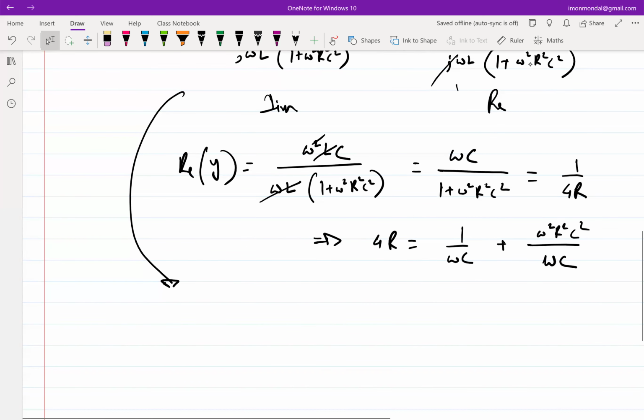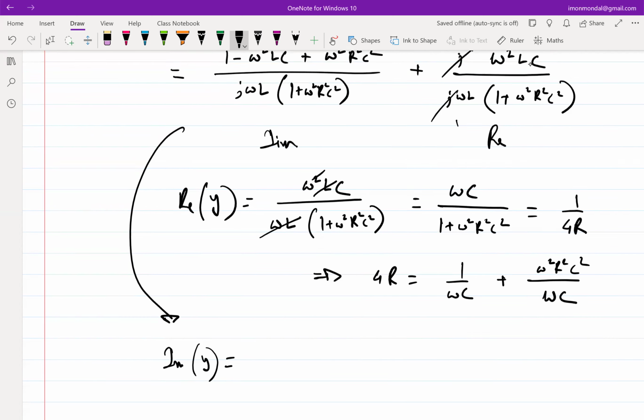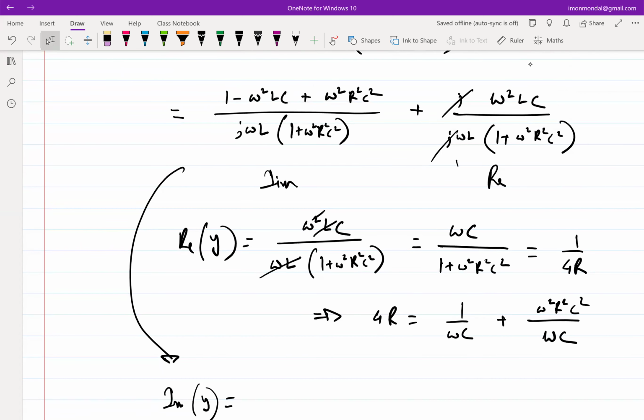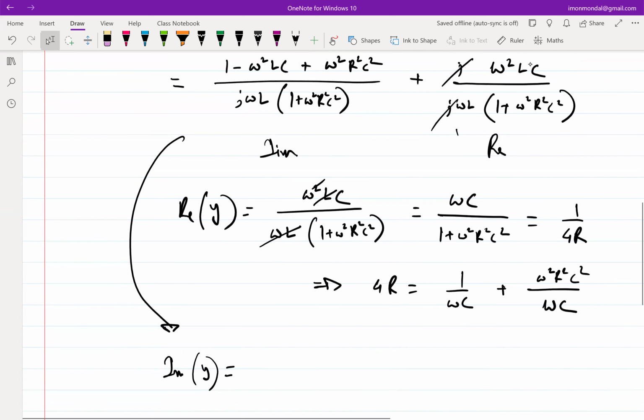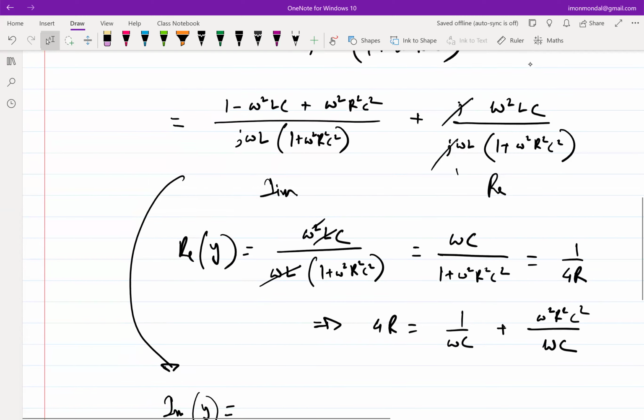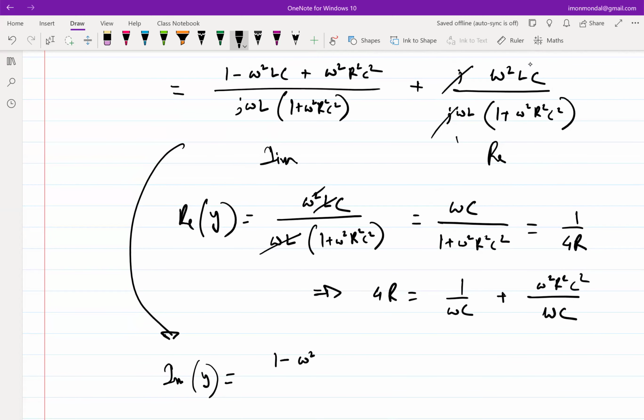So your imaginary term is essentially equal to 1 minus omega square LC plus omega square R square C square by omega L by 1 plus omega square R square C square, right? So this becomes 1 minus omega square LC plus omega square R square C square by omega L times 1 plus omega square R square C square.